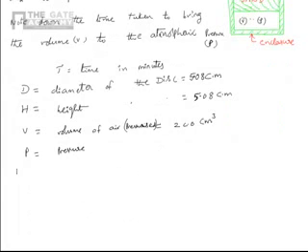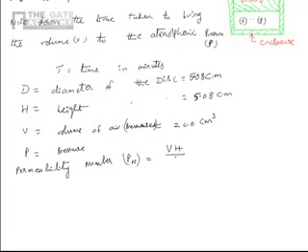So permeability number, how we need to calculate? Permeability number Pn equal to Vh by PAT. V is the volume, H is the height, P is the pressure, A is the area, and T is the time.